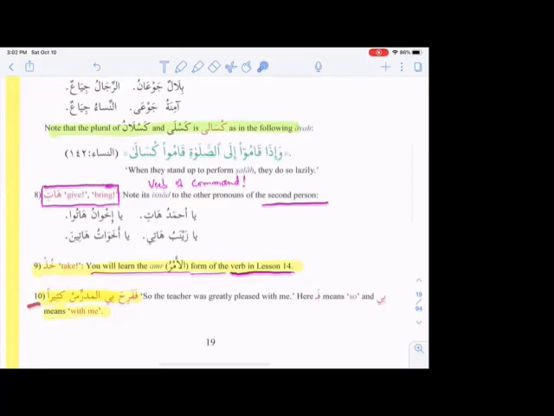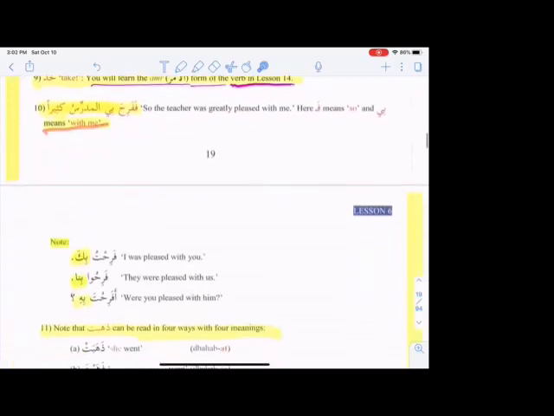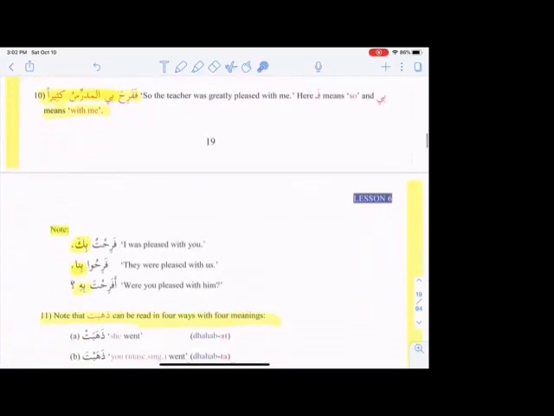Here, this comes from the lesson, فَفَرِحَ بِي الْمُدَرِّسُ كَثِيرًا. What is the translation? So the teacher was greatly pleased with me. Here, fa means so, bi is with me. That's all you will see. Here we have more examples. Farihtu, I was pleased.